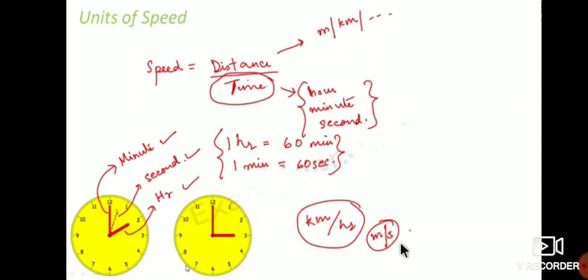First we should observe the form in which the formula is given. Then we have to calculate by converting hours into minutes or minutes into hours. But this is the formula used to calculate the speed, and these two are the units, either kilometer per hour or meter per second.